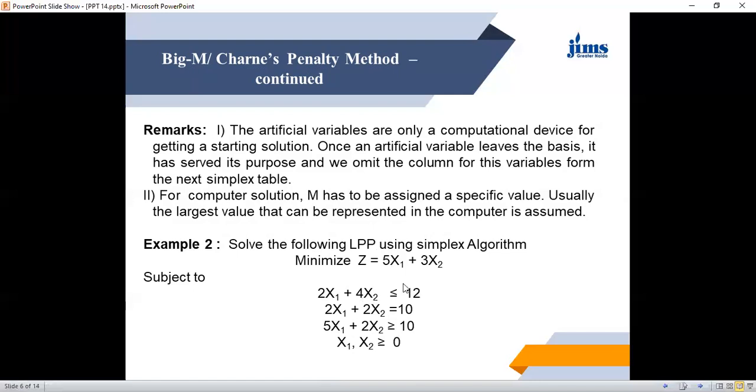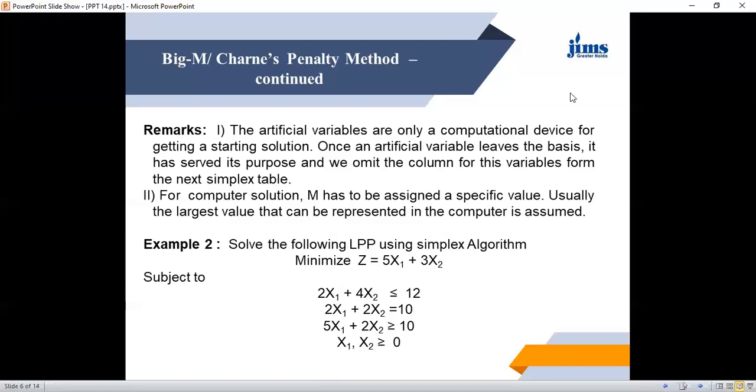So all the values on the right hand side, 12, 10 and 10, are positive here. So one condition is satisfied, and the second condition is that all the variables must be greater than or equal to 0. Here there are two variables x1 and x2, so x1 and x2 are greater than or equal to 0. This is written in the problem itself. So both the conditions are satisfied, and we can now think of applying the simplex technique.